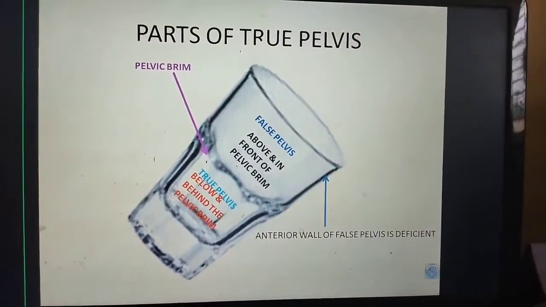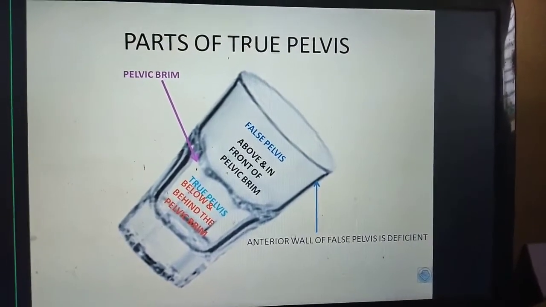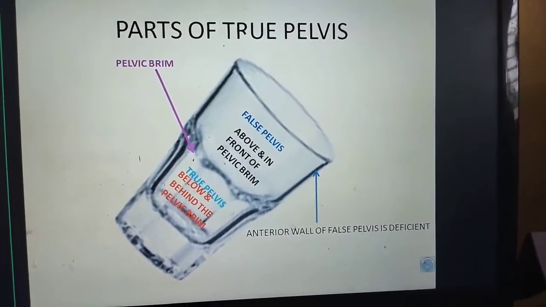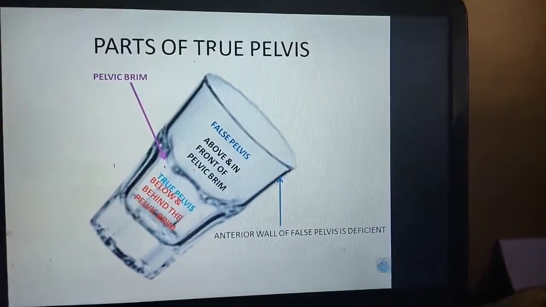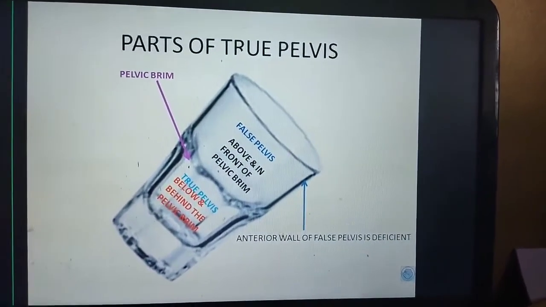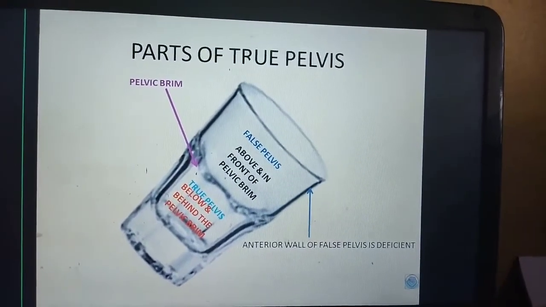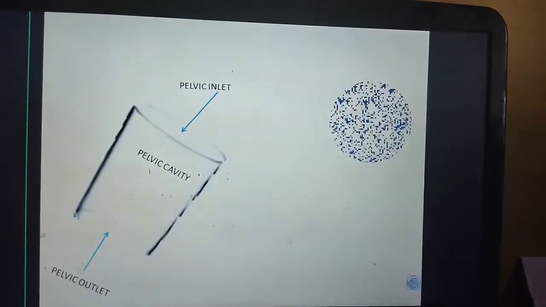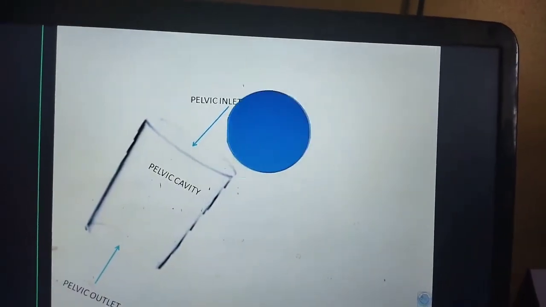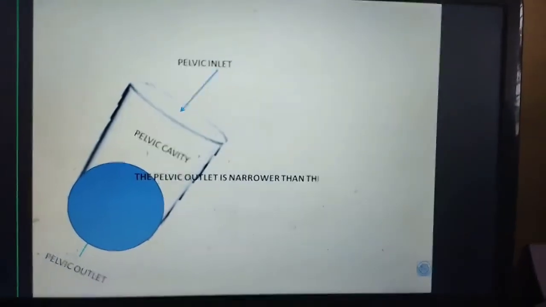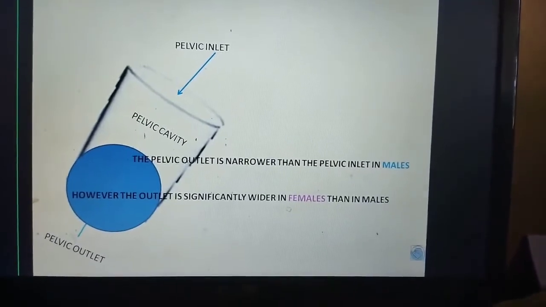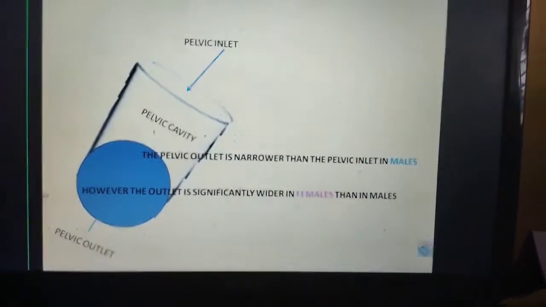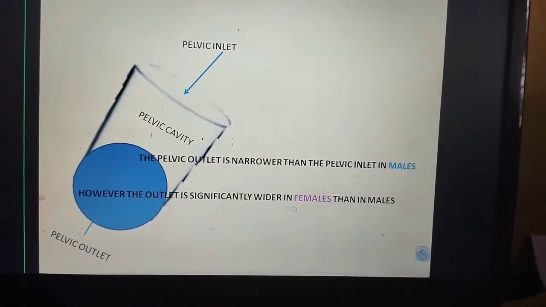This is an analogy showing the parts of the true pelvis. The false pelvis is above and in front of the pelvic rim. The true pelvis is below and behind the pelvic rim. The anterior wall of the false pelvis is deficient. Now, the pelvic outlet is narrower than the pelvic inlet in males, but in females it is considerably wider to allow the passage of the fetus.